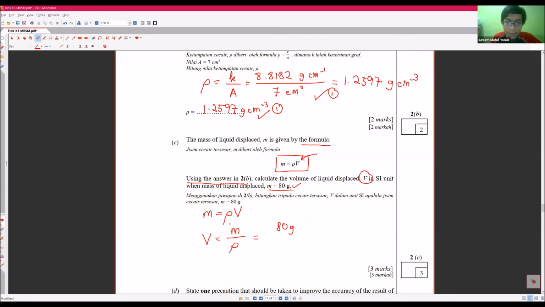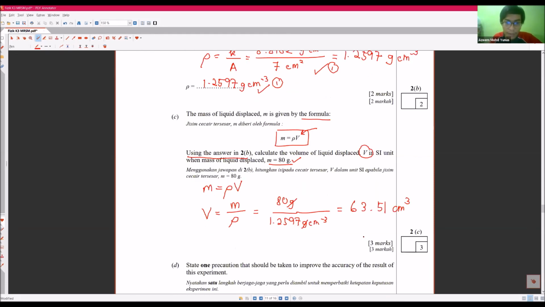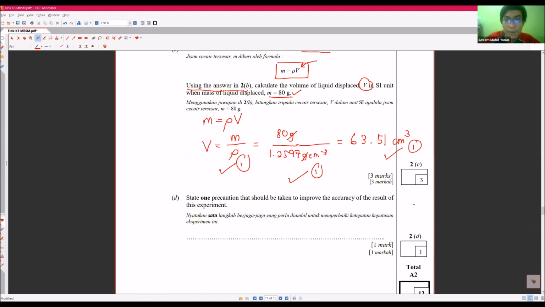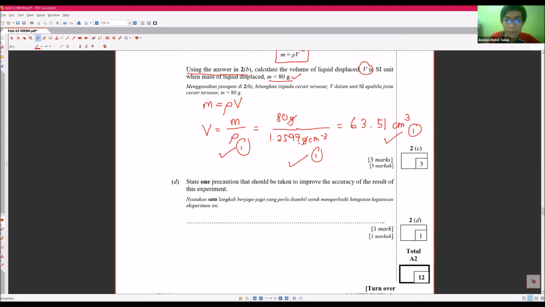The rho is what we found earlier. Again, if the answer is wrong, then you only get 1 mark, no more than that. So 80 divided by the answer you got, and you get 6.51. So 3 marks: 1 mark, 1 mark, and the answer is 1 mark. Okay, make sure that you obtain the correct value.